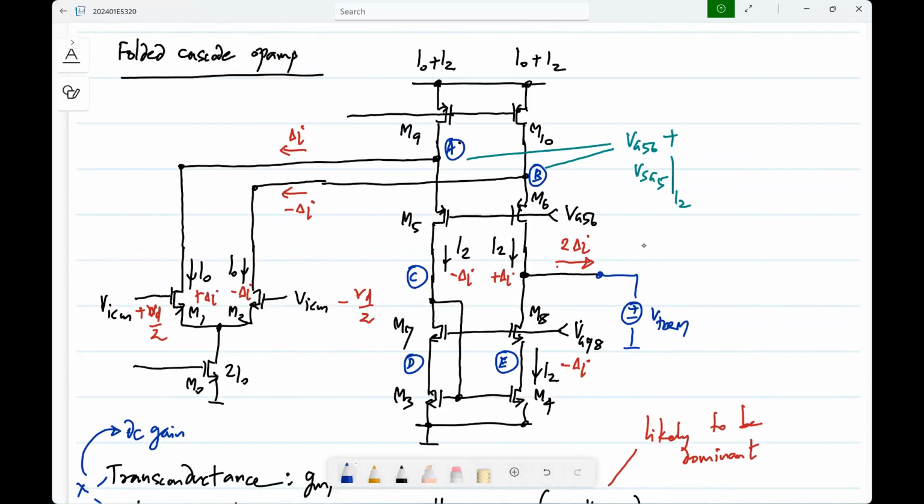In fact, C was there even in the simple single stage op amp. So, what is the primary difference between the telescopic cascode and this as far as parasitics are concerned? At A and B, the parasitic capacitances will be larger because earlier you had only two transistors connected, now you have 3, and in particular M9 and M10 will also be larger because they are carrying higher currents. Okay, so those parasitic poles will be at a lower frequency. You have the same phenomenon, but 2 of the parasitic poles are likely to be at a lower frequency than before. Okay.